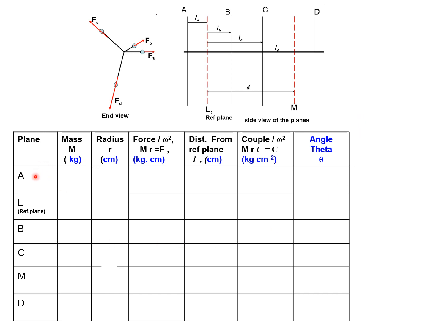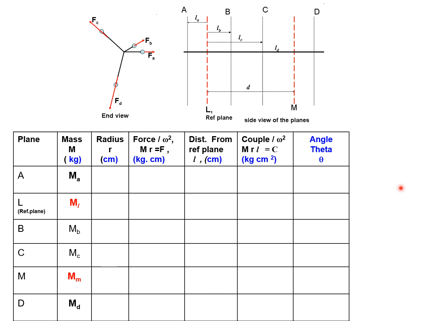Plane number A, B, C, D, L and M. So let us try to enter some data and try to understand how we solve the problem. Let us say that Ma is the mass, Mb is the mass for B, Mc is the mass for C, and Md is the mass for D. So whatever digits or alphabets I show in black color is the known data, and whatever are shown in red color are unknown data.